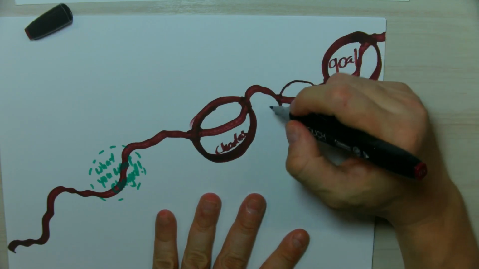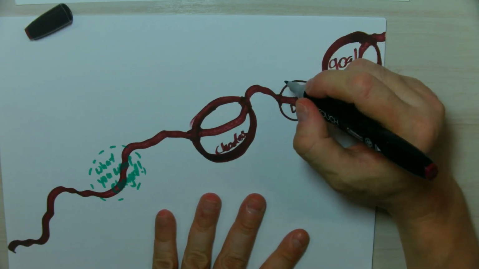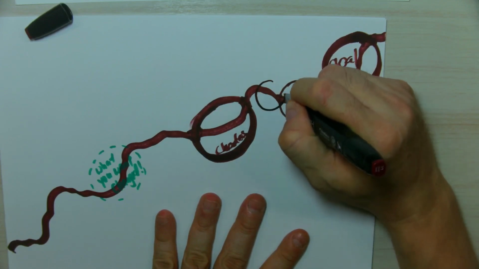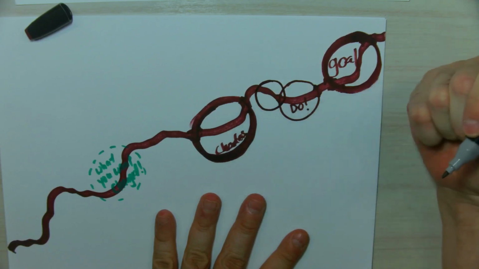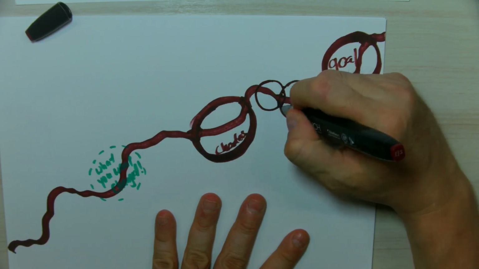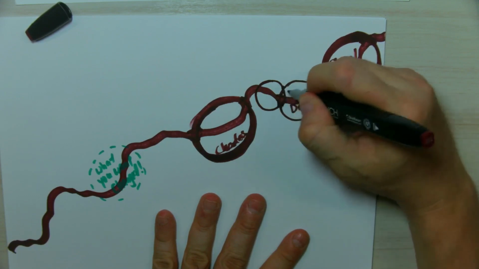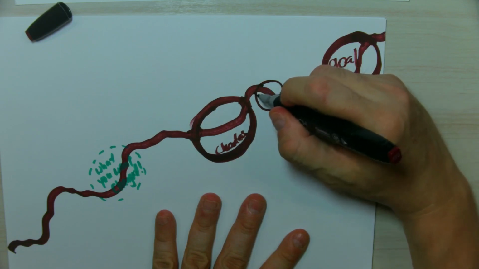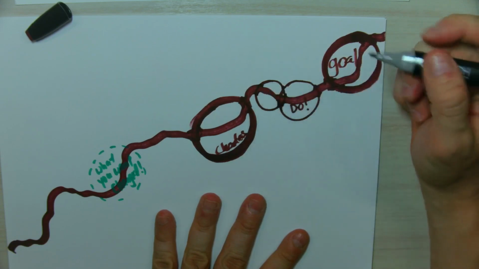Next, you want to draw another circle, and see if you can think of something else that you can do to reach your goal. Okay?